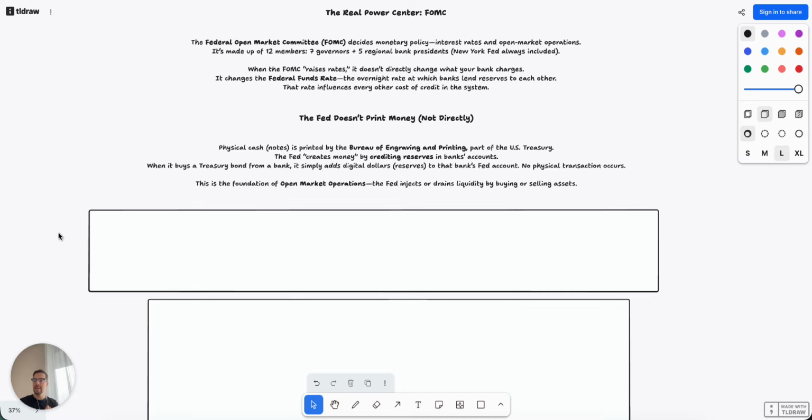When it buys a treasury bond from a bank, it simply adds digital dollars, the reserves, to that bank's Fed account. No physical transaction occurs. This is the foundation of open market operations: the Fed injects or drains liquidity by buying or selling assets. They are not printing the money directly.